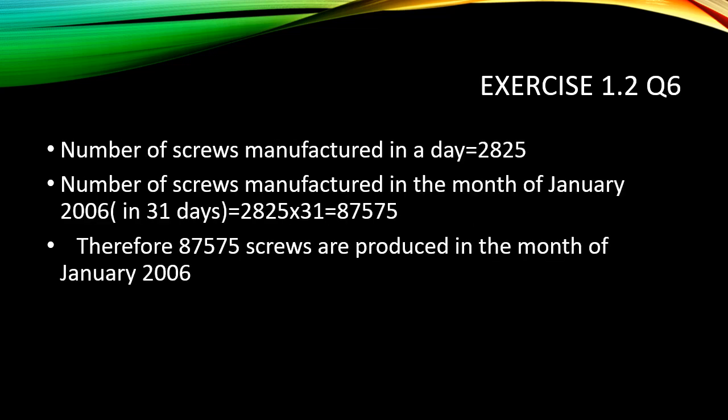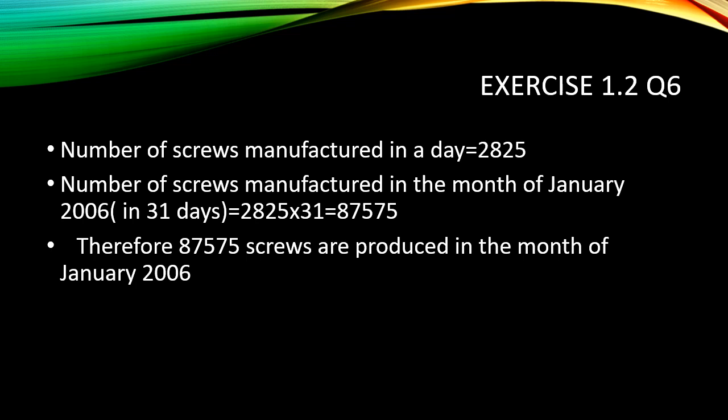Now, question number 6. A machine on an average manufactures 2825 screws a day. How many screws did it produce in the month of January 2006? Number of screws manufactured in a day is equal to 2825.